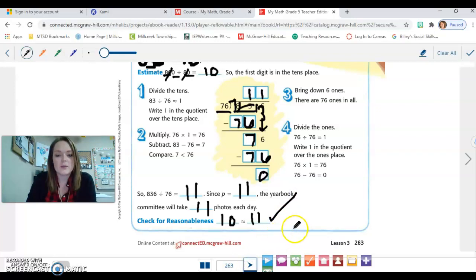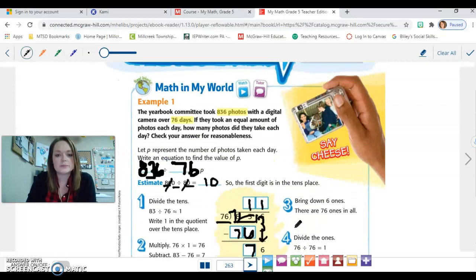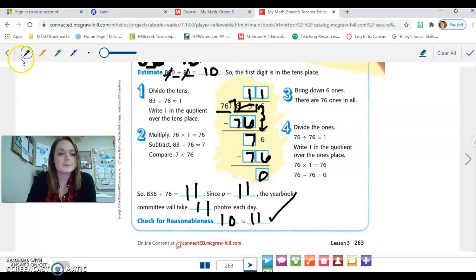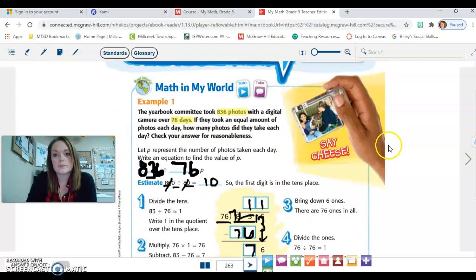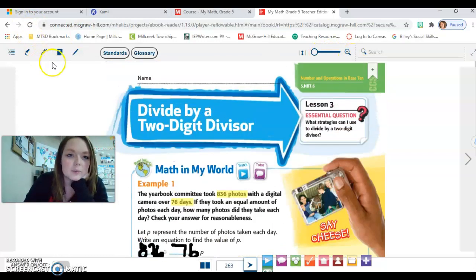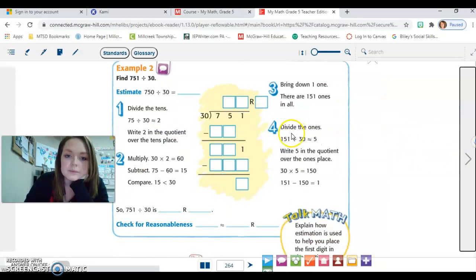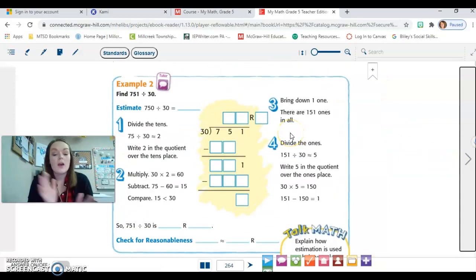Okay, let's go to the next page. Also, really quick, if you look at your assignments that were posted today, Mrs. Bliley is still trying to work on Kami, so they are individual.